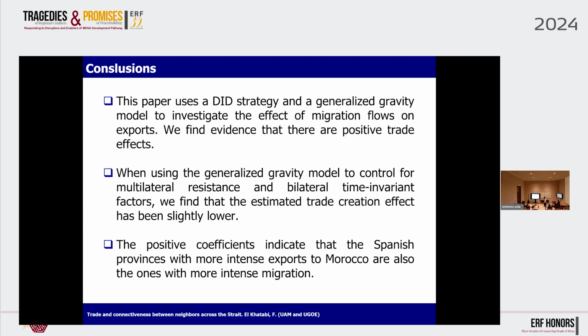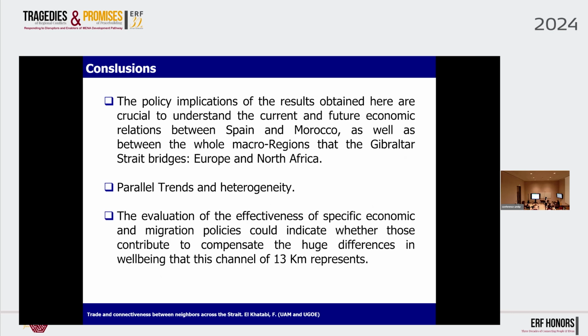When using the generalized gravity model to control for multilateral resistance terms and time-invariant factors, the trade creation effect is slightly lower. The positive coefficients indicate that Spanish provinces with more intense exports to Morocco are also the ones with more intense immigration.